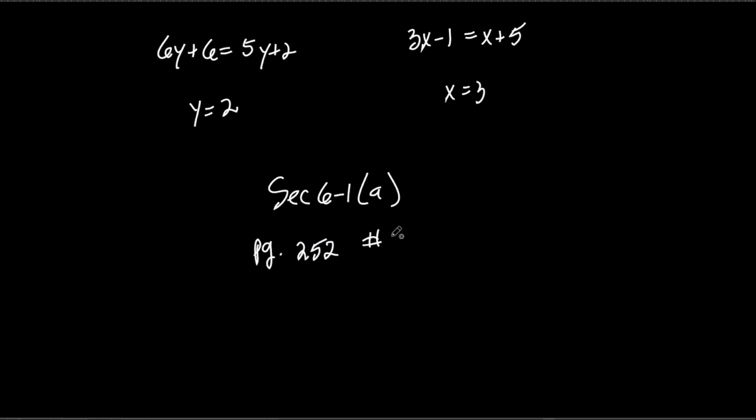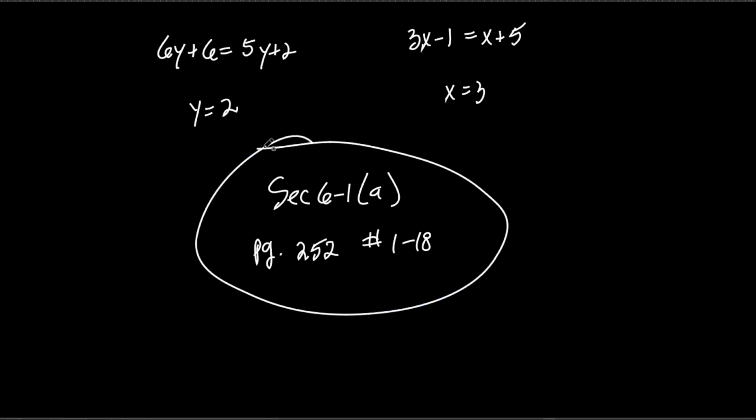I think you probably should be able to do all of these. I'm pretty sure. Okay, so this is your homework, 1 to 18. Call it A because we're going to have 2 separate assignments, okay? So the next one will be B, obviously. There you go. So have that done. Start off the new marking period right. Get your homework done and ready to turn in tomorrow.